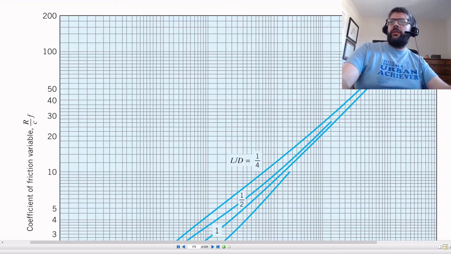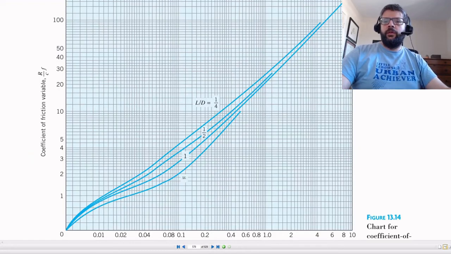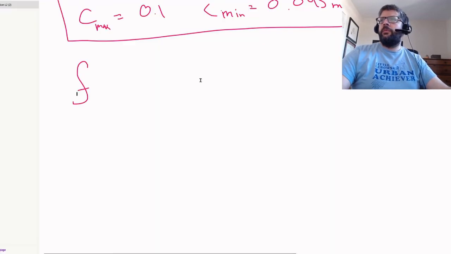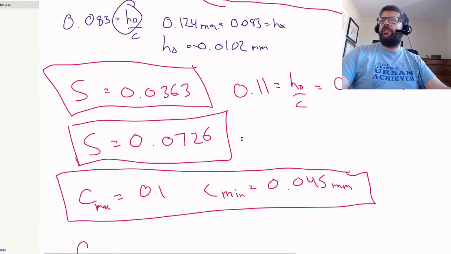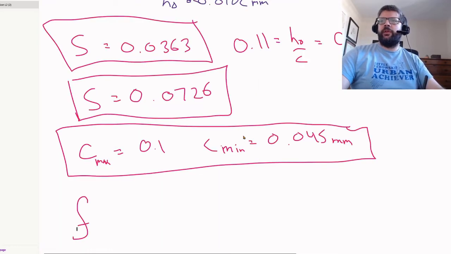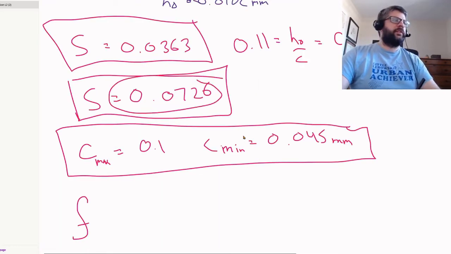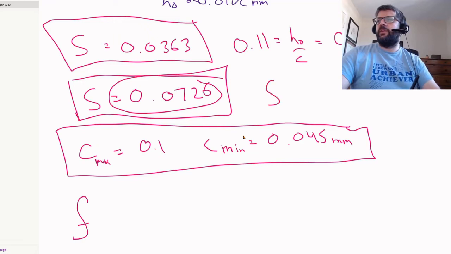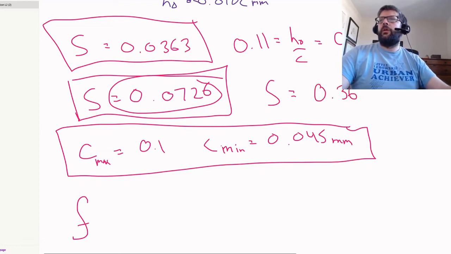We'll do it for this value here for S, and we'll do it for an S of 0.36, which is where it crosses the line for the maximum load.